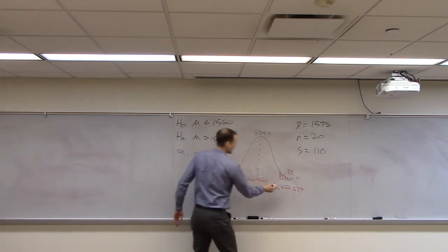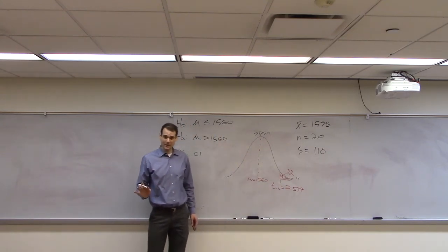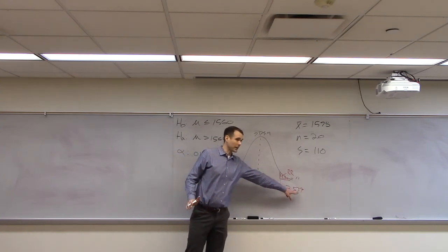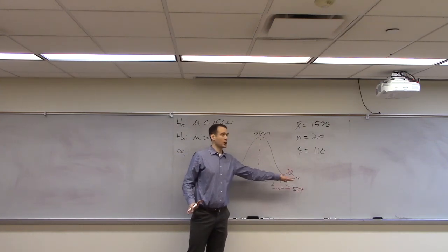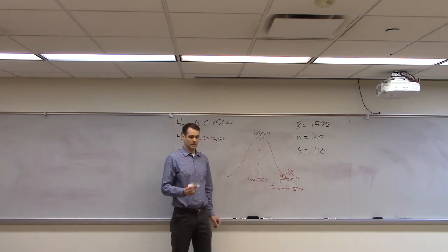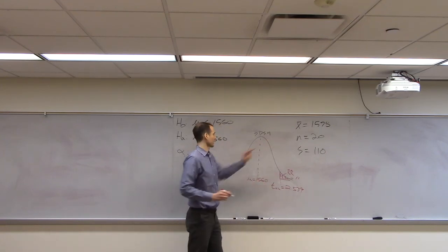Okay, so now we need to calculate our test statistic. If it's greater than 2.539, we're going to reject. If it is less, fail to reject. Let's do the standard error first.